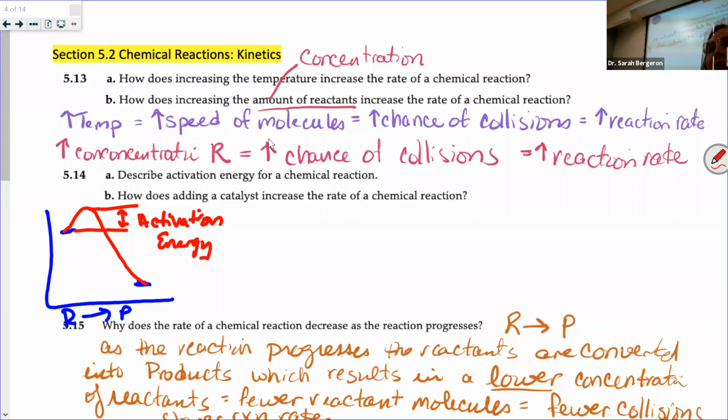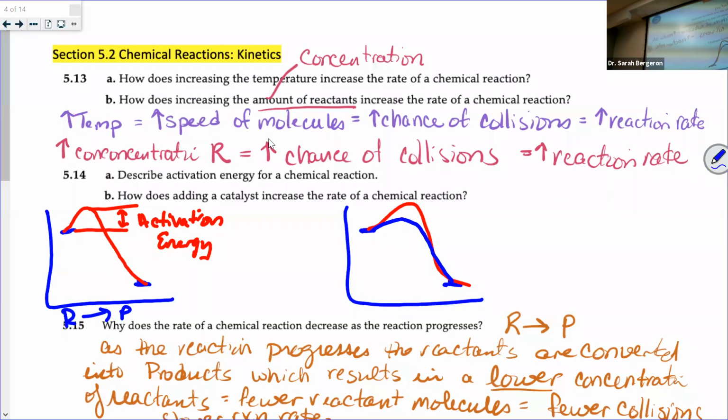But what if I want to make this reaction go faster? I lower my activation energy. So here's my original reaction, right? I had to go through that little bump of activation energy. Well, I want this reaction to be easier. I don't even want to push the pedals on my bike very hard, right? So I'm going to lower my activation energy. I'm still going to start at the same place.